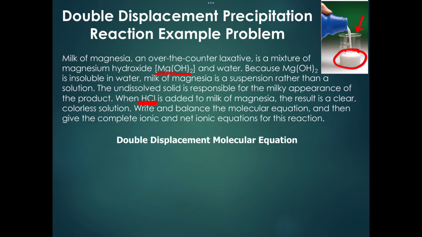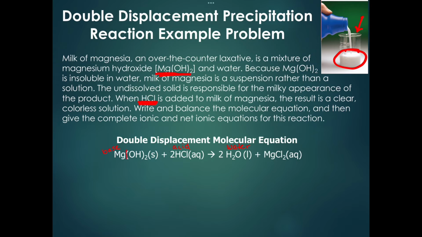Like I said, we're having hydrochloric acid added to magnesium hydroxide. This is a base, and this is an acid, and acid plus base is always going to give a salt and water. So we have water, and then we need to figure out the formula for our salt.